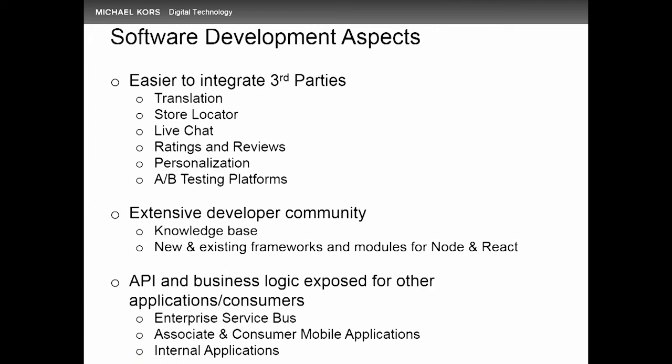Node has a number of NPM modules that come out all the time. You can plug and play things, you can test them out, and there are things we have the ability to take advantage of without actually doing any work. We just have to do some research. And there are tons of developers and an open source community of people who really want to contribute and evolve the platform and are expecting nothing in return.